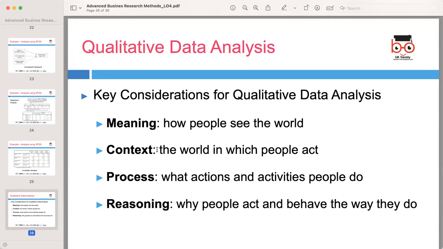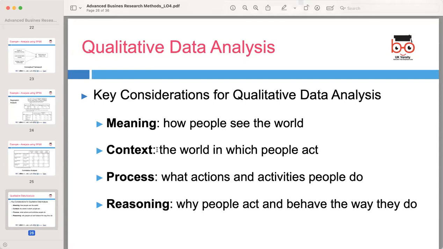When we talk about context, it includes factors such as culture, social norms, physical setting, and historical background. Analyzing qualitative data within its context helps us understand how these external factors influence people's behavior, decisions, and beliefs.